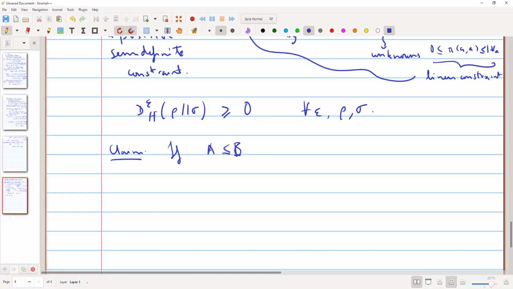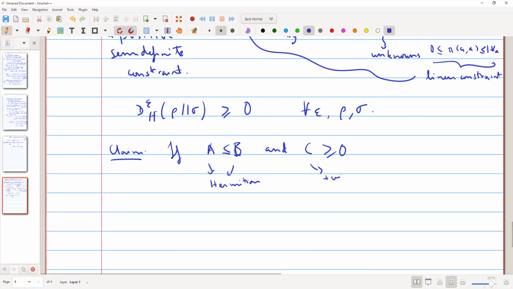If A is less than or equal to B, where A and B are matrices, Hermitian, I'm not even saying positive semi-definite, and C is positive semi-definite, then trace of AC is less than or equal to trace of BC.